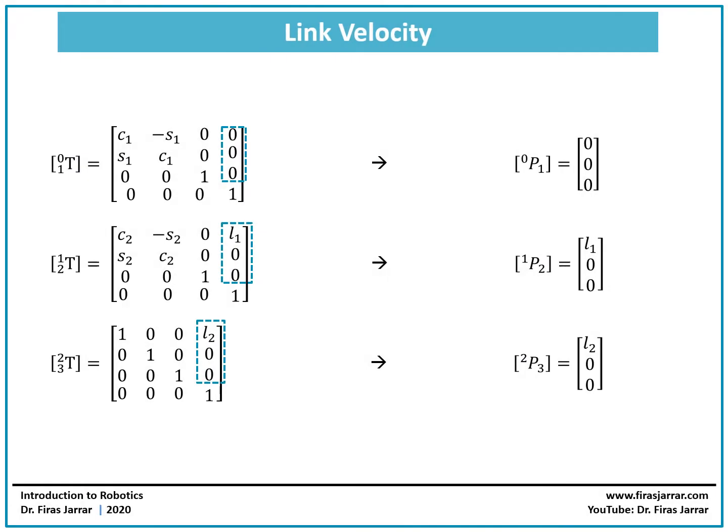At the same time, we also can extract the positions. So this is again the position of the origin of frame 1 with respect to frame 0. This is the position of frame 2 with respect to frame 1, and this is the position of frame 3 with respect to frame 2.